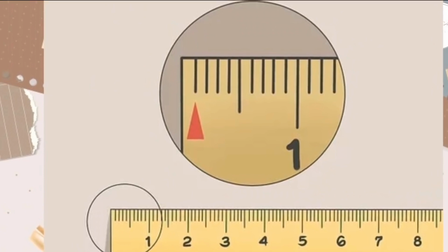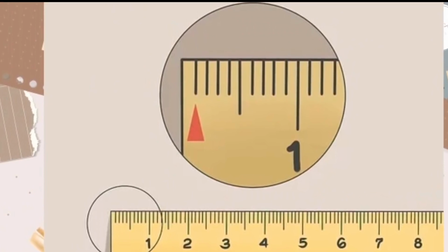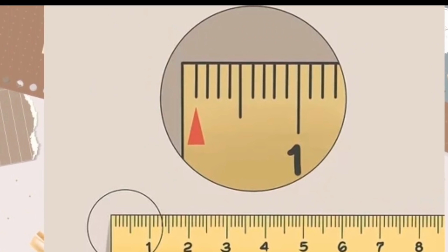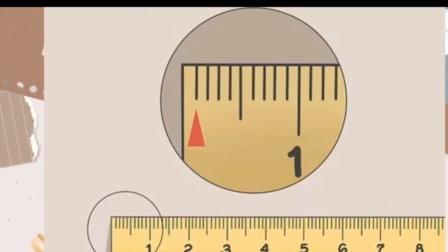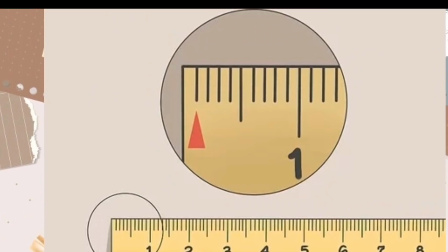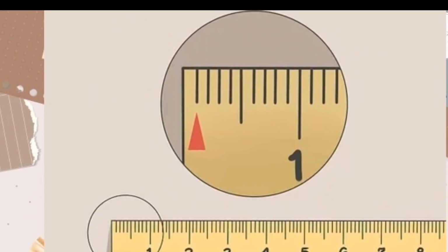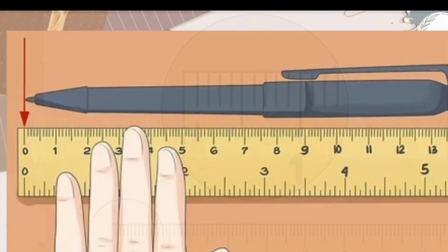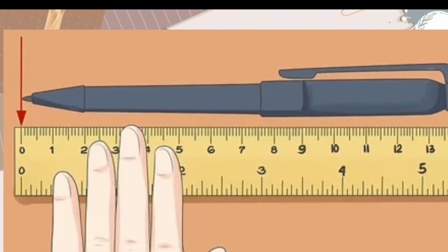That's why your ruler shows number 1 on the longer marks. After 10 more smaller marks, you will get 2 centimeters. And after that, 10 more smaller marks, you will get 3 centimeters and so on.